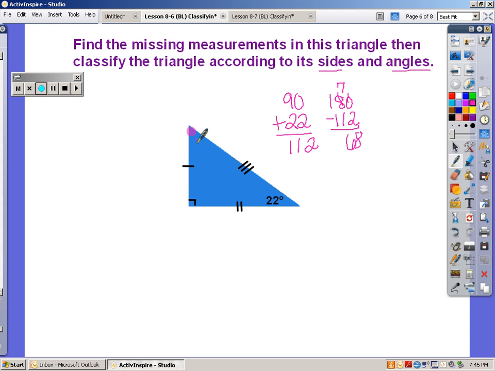So that means this angle has to be 68 degrees. My markings here tell me that it's scalene. And since I have an acute and a right, I know that this is actually a scalene right triangle.